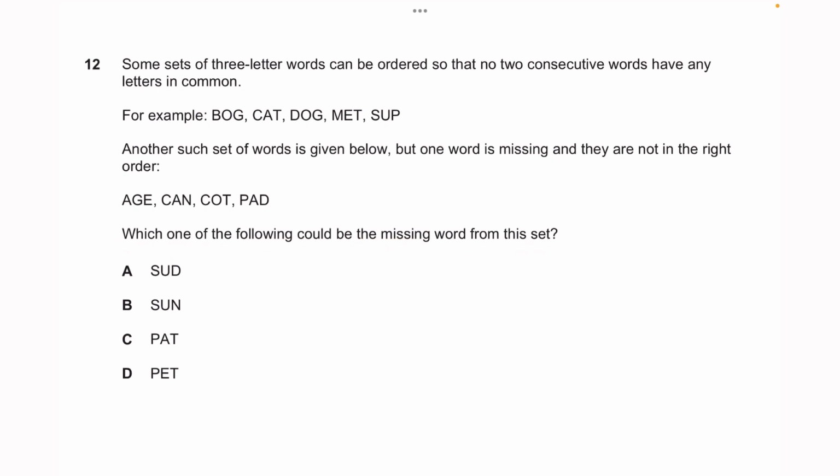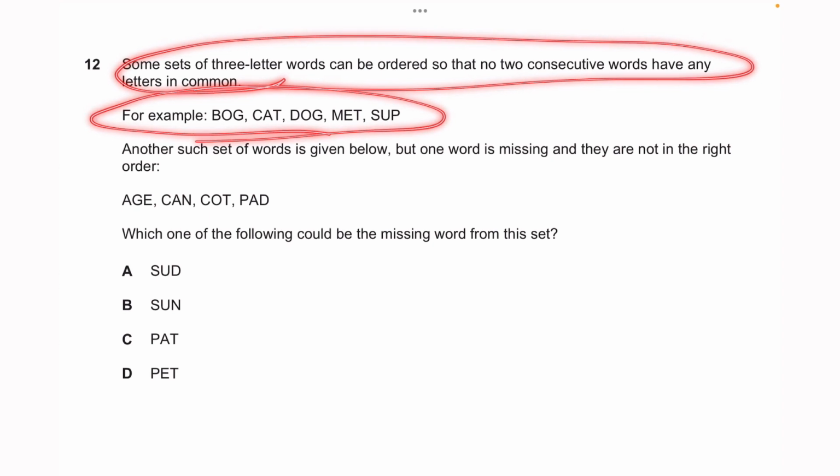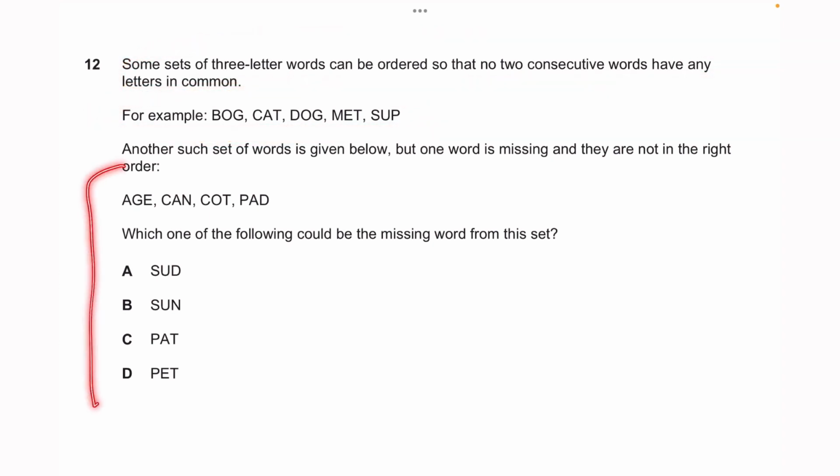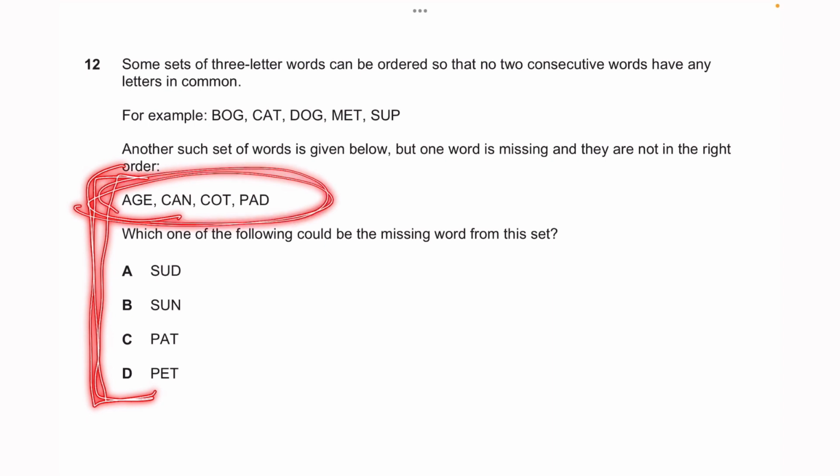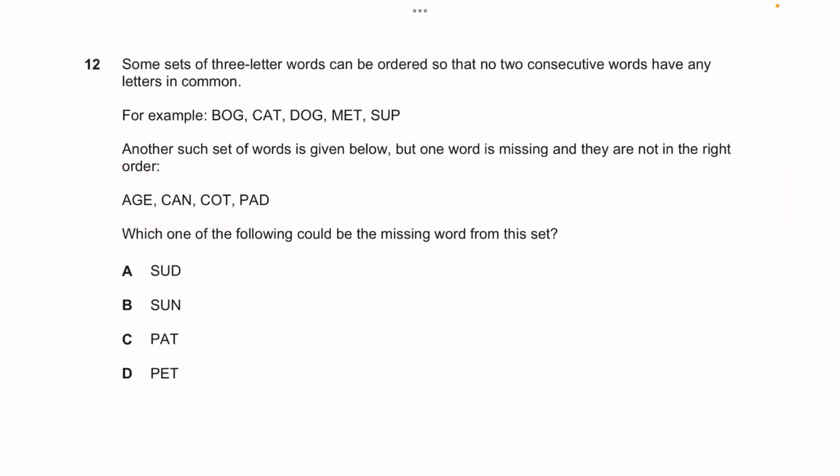So it's a matter of understanding these rules here and how this works to be able to then work out our missing word from this set and the order these words need to be in. We've got the words bog, cat, dog, met, and sup. Let's understand how this works.